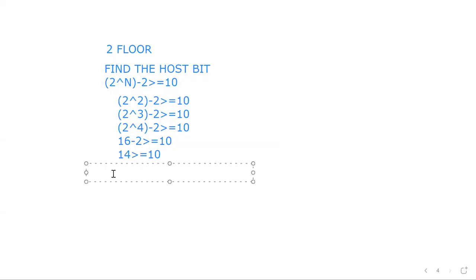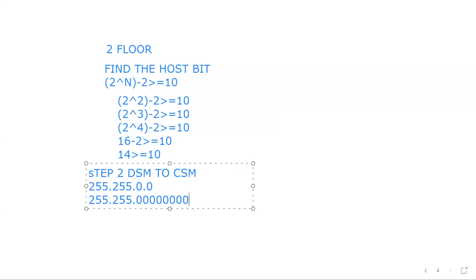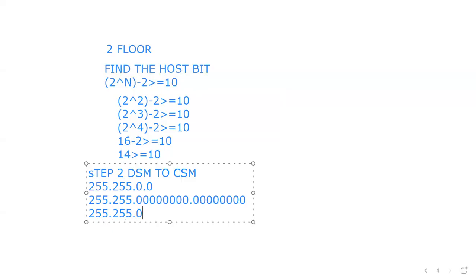Then step 2, DSM to CSM. 255.255 dot, what is the value of n? 4. And put the value here. Dot 1, 2, 3, 4, 5, 6, 7, 8, right?